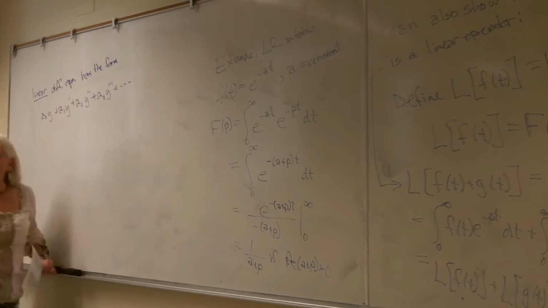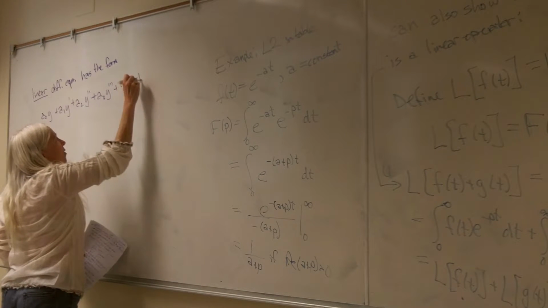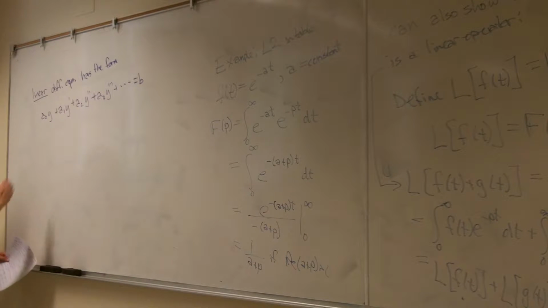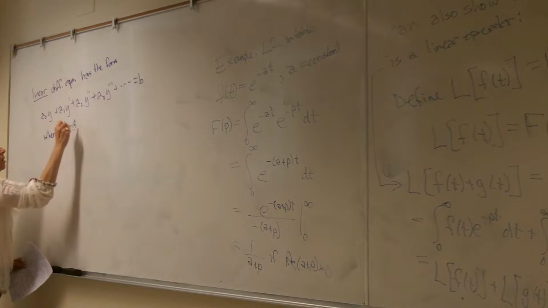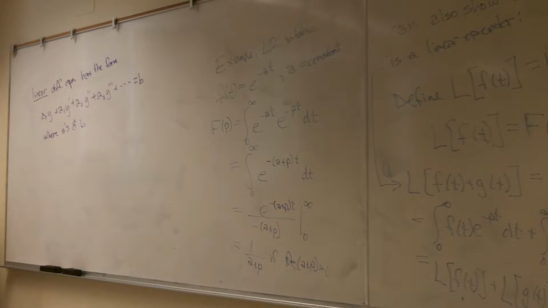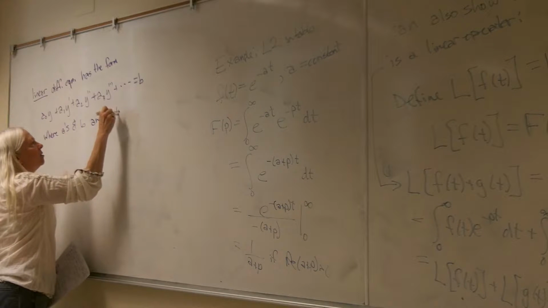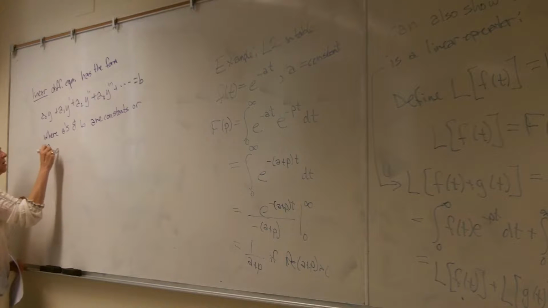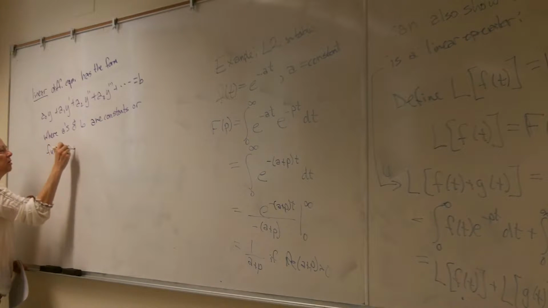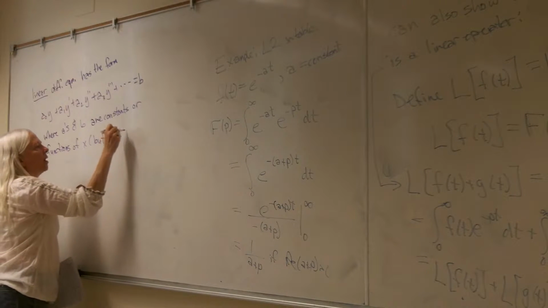Depending on what order it is, we may have more terms and so forth. But finally, this is all equal to b. Where the a's, the a naught, a1, a2, etc., and b are either constants or functions of x. But the point is they're not functions of y.